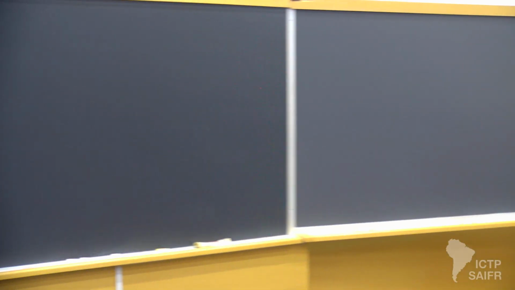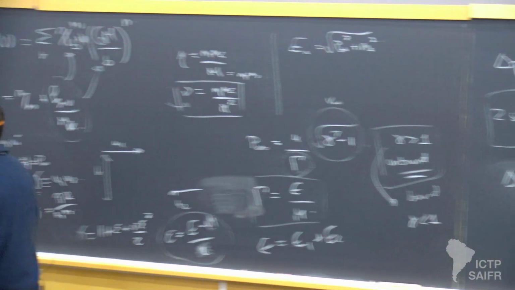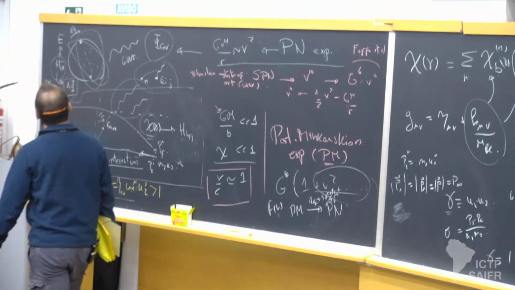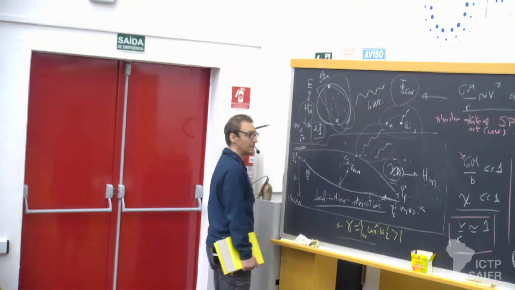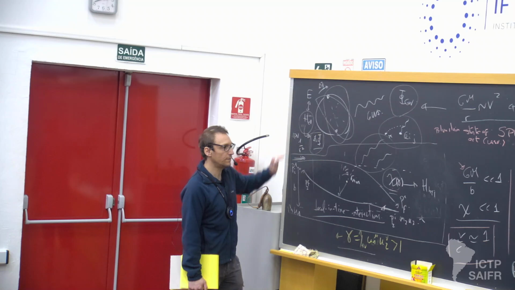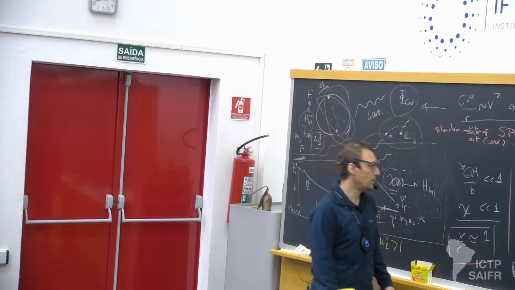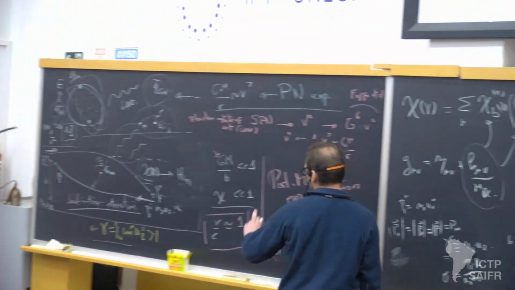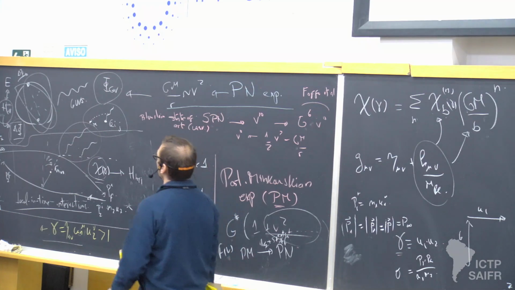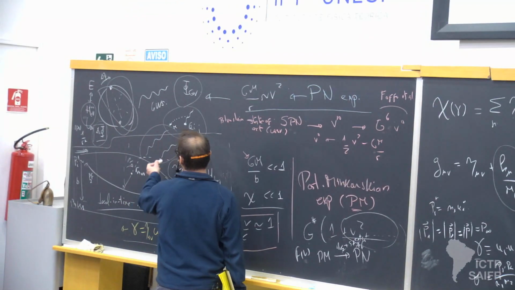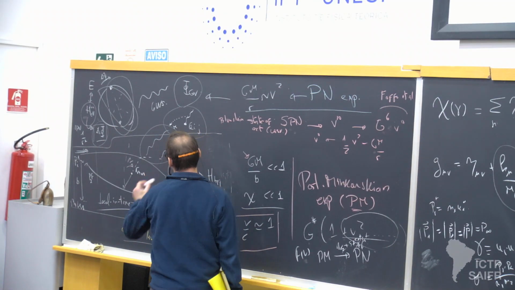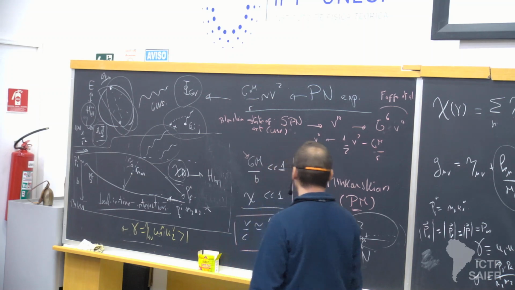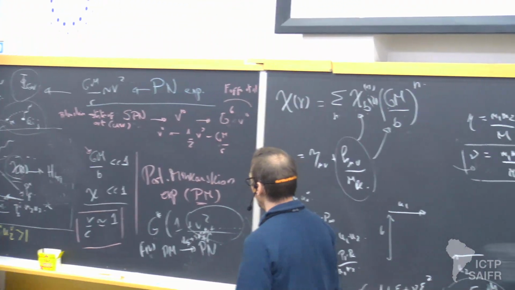Yeah, so what I said originally is that I'm going to do conservative. So if I do conservative and no spin, then these are all even. The moment you add dissipation, which I'm not going to talk much about, I don't have time, when you have the radiation, you can also do things with radiation. It's a little bit trickier.